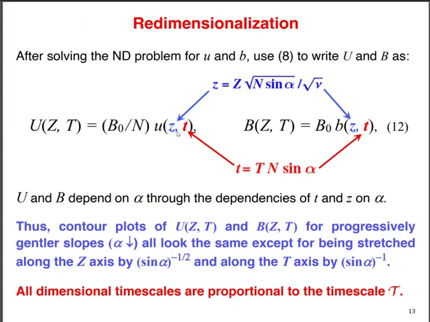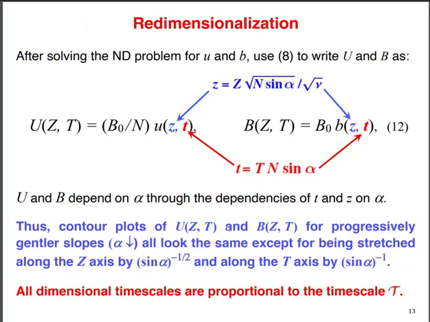It's hiding inside of the non-dimensional values here. So little z, you can relate to the dimensional z and the n and the nu, and here's your sine alpha. So the slope angle shows up at the very end when you make things dimensional. It shows up in the time as well. You get a little t proportional to your sine alpha. So that's where you're going to get the actual alpha dependence.